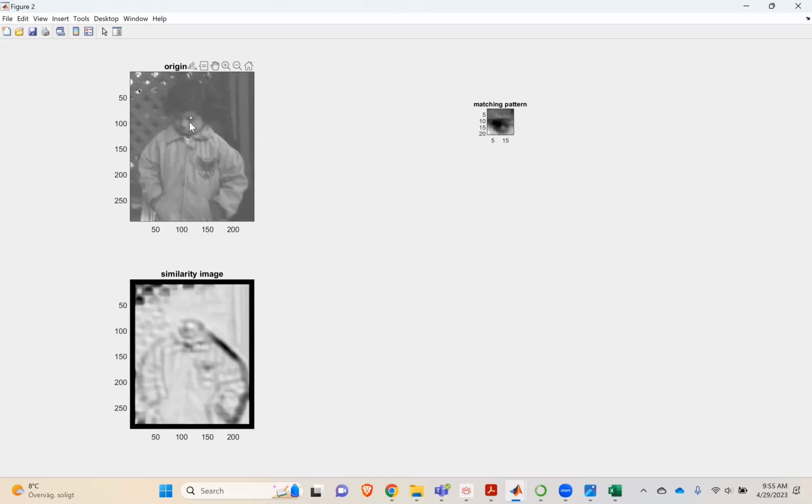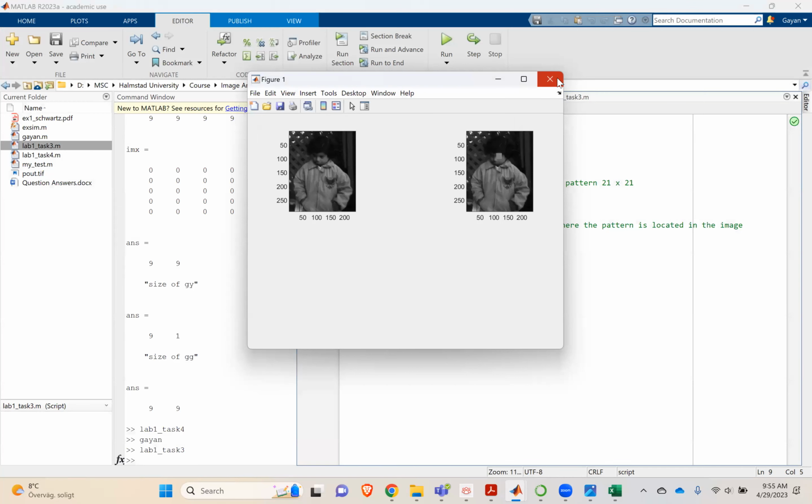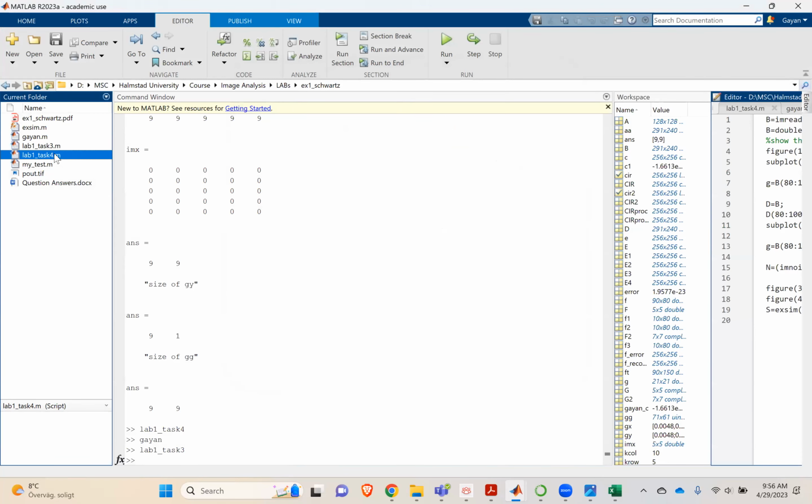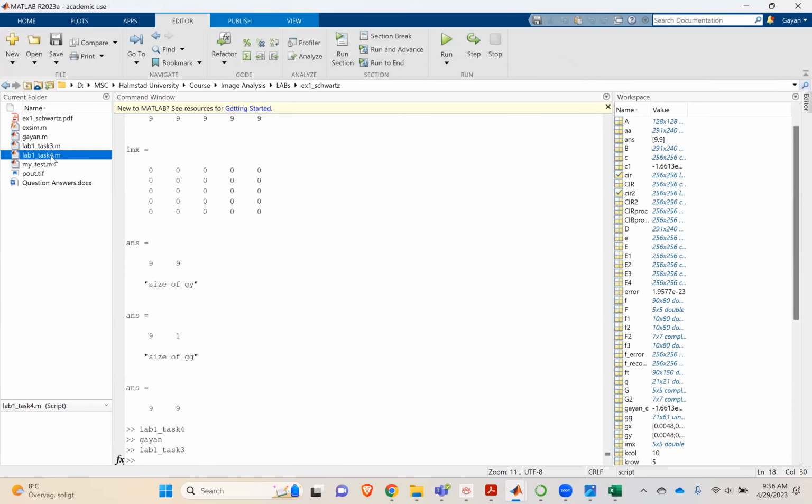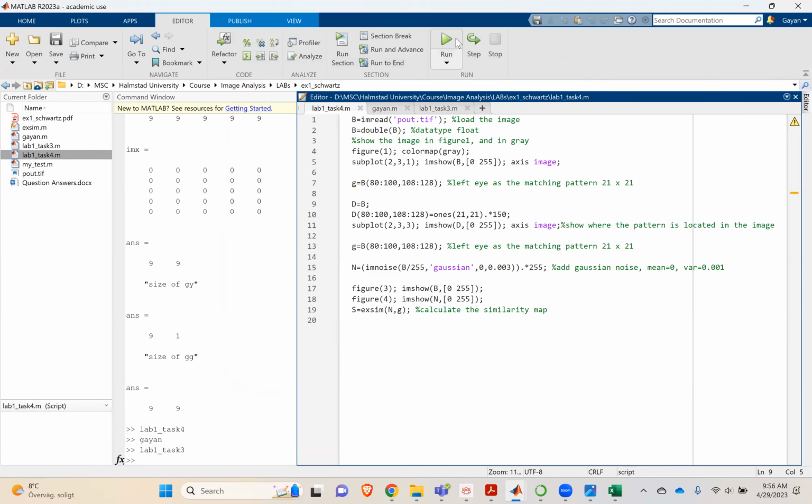Now the computer knows exactly where the eye is. So it is important. It's like, you identify where the wheels of the car are, then you can identify where the car is. This is the same. I can take more time and explain the similarity image also, but I believe the last parts are more important, so we'll move fast.